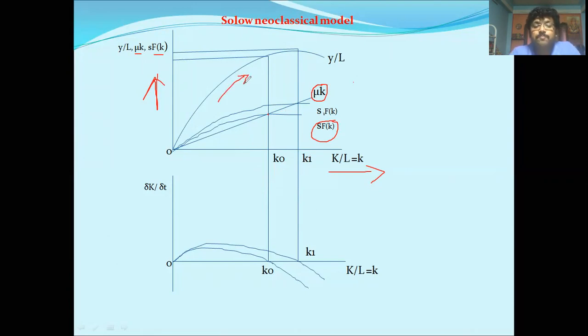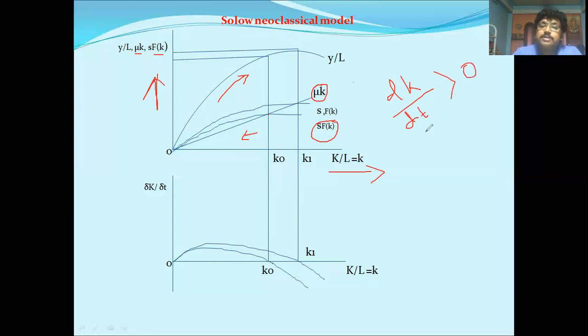Okay. So now look, if we take a point to the left of K0, then we get that savings per head is greater than the capital accumulation per head. That is, dk by dt is greater than 0.